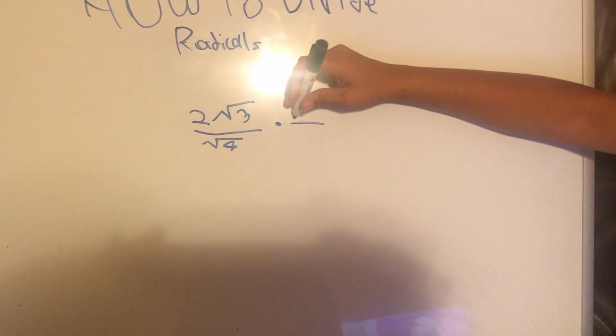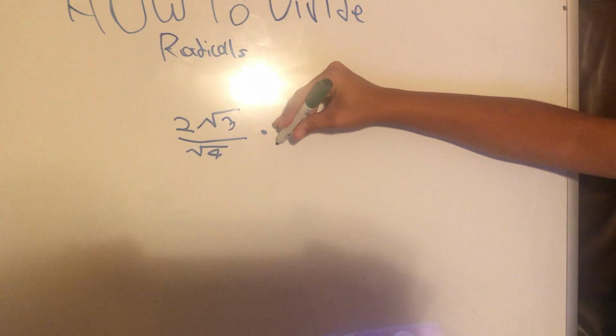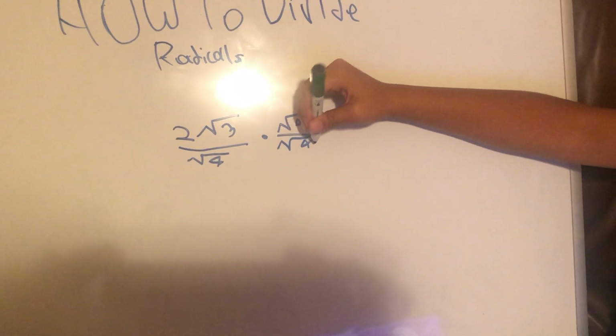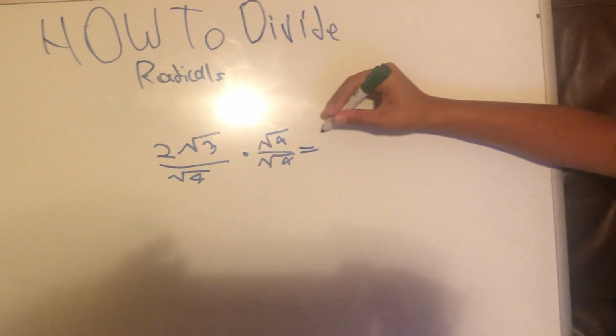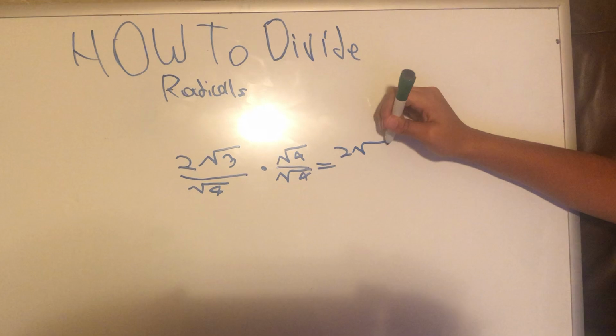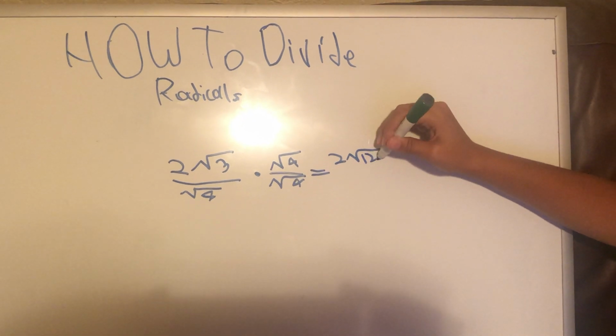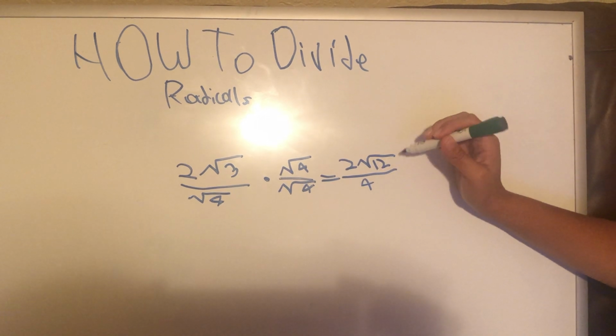So you would multiply it by radical 4 over radical 4, which in this case would give you 2 times radical 12 over 4.